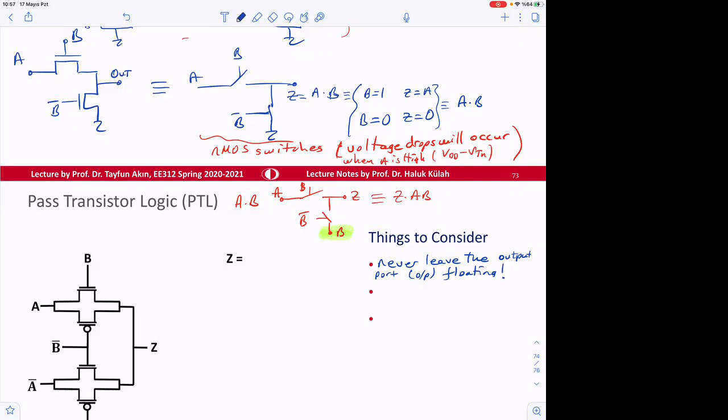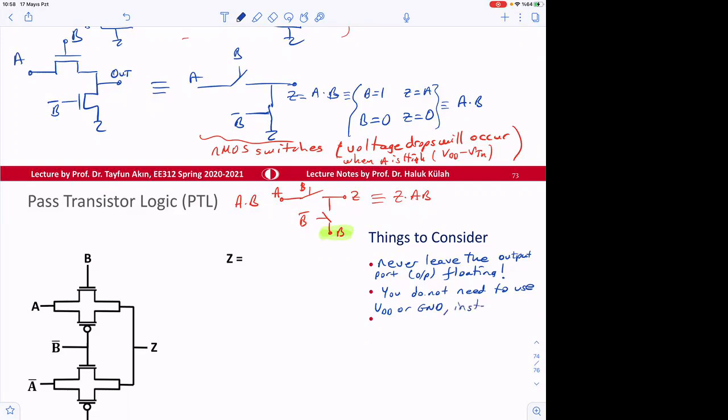Okay, so here you do not need to use VDD or ground here.